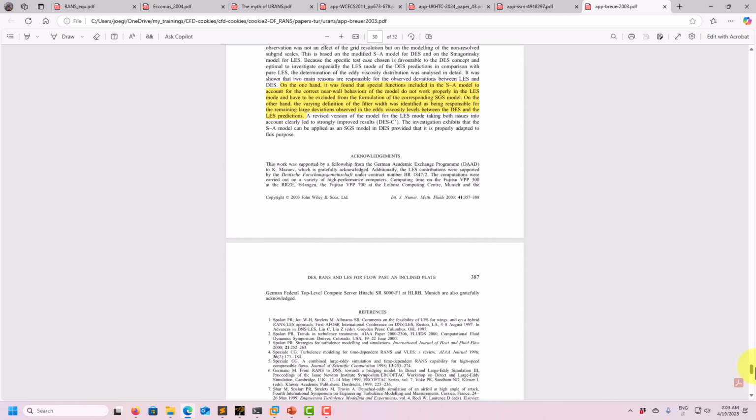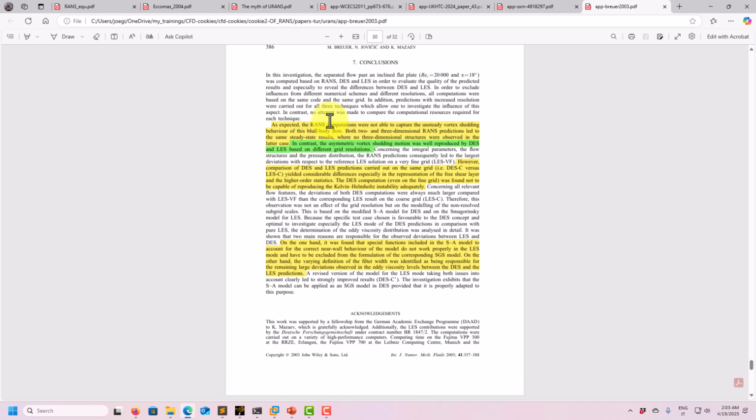So pretty much what I just mentioned. They have here now, so as expected, RANS computations were not able to capture unsteady vortex shedding. Bluff body, two-dimensional RANS led to a steady state, no two-dimensional structures were observed, so I was expecting that.